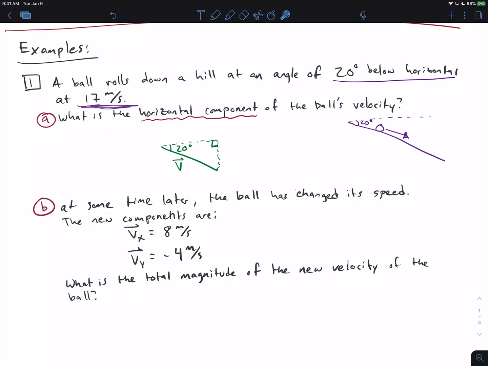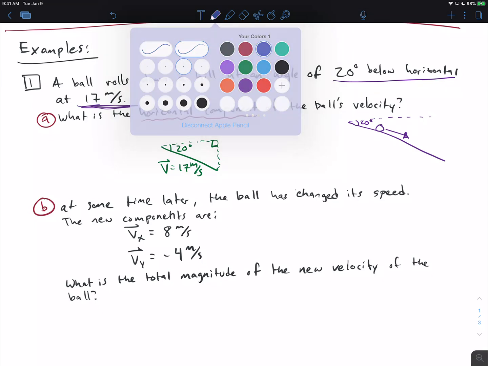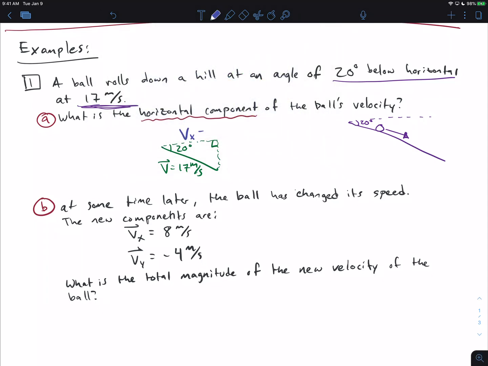So I know my angle, and I know that this right here is going to be equal to 17 meters per second, okay? And I want to know what the horizontal component of the velocity is. So that is actually this right here. What is this?